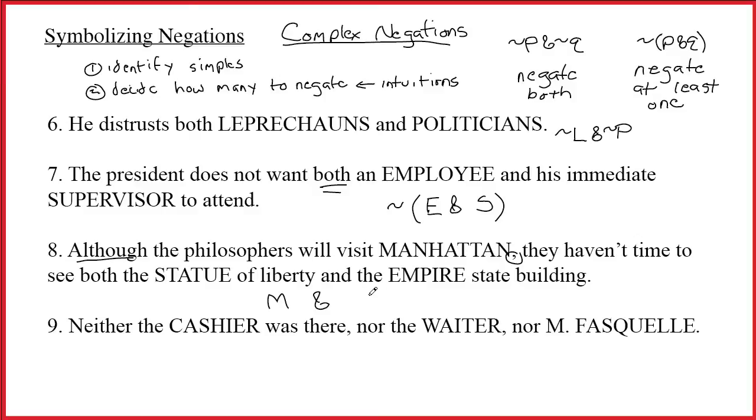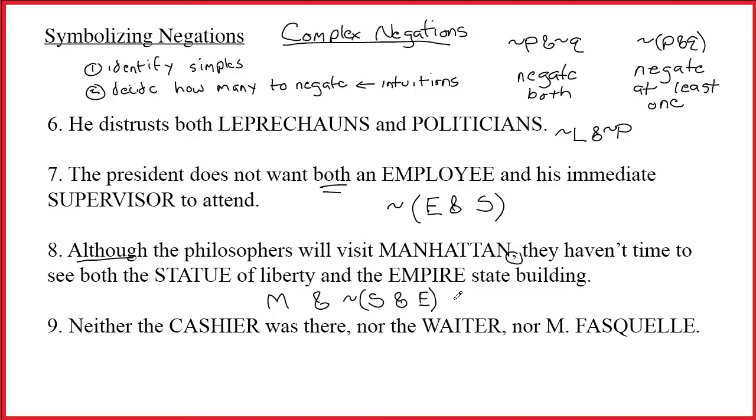Well, what are the simple sentences? So we have complex negation on the back side, right? So they have time to see the Statue of Liberty, and they have time to see the Empire State Building. How many of these need to be negated? It's just at least one of them. It doesn't say that they don't have time to see either of them. It doesn't say that they're not going to do any sightseeing.